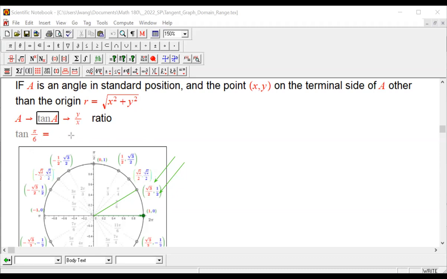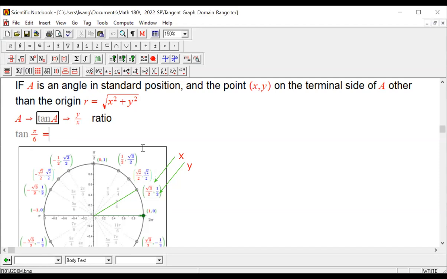Now, what is tangent of pi over 6? Y divided by x, right? So x and y are there. One is red, one is blue. So you can see that to find the tangent of these special angles, which you already have these numbers worked out, we simply just have to do what?